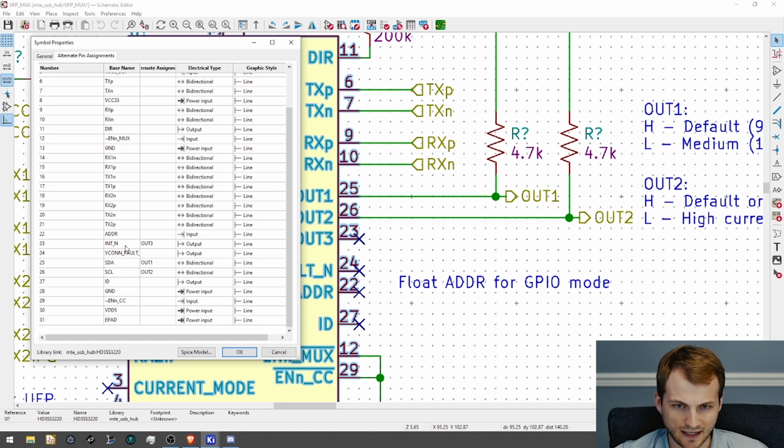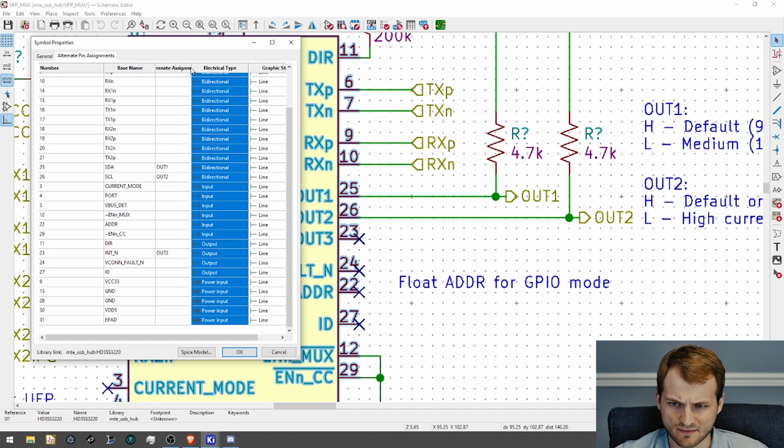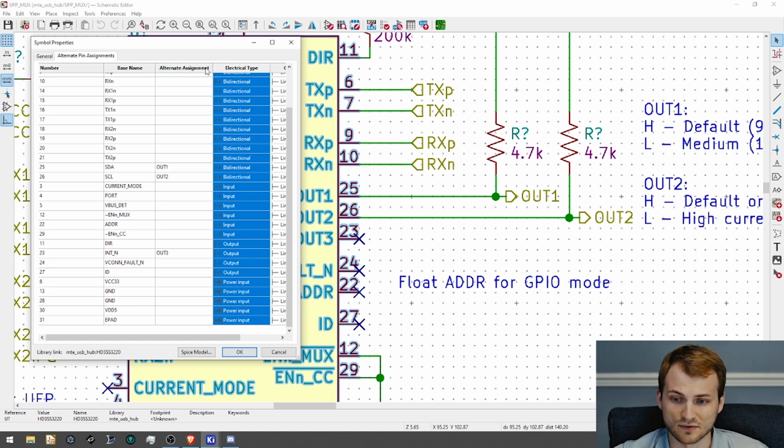Normally in KiCad, or in, I actually don't know what other ECADs do this because I've never used alternative assignments, normally you would put SDA / out 1, and then for whatever you're using, you would just use both of them on the same pin.